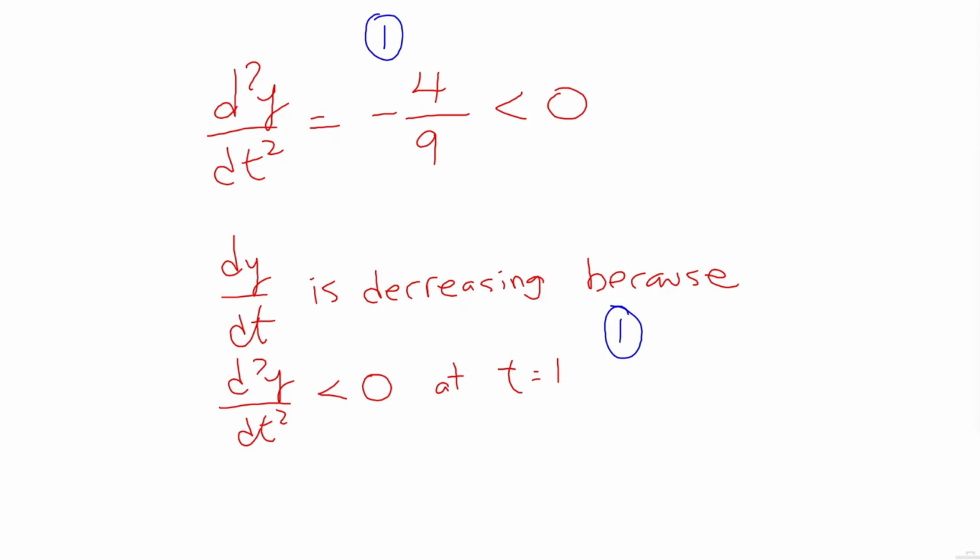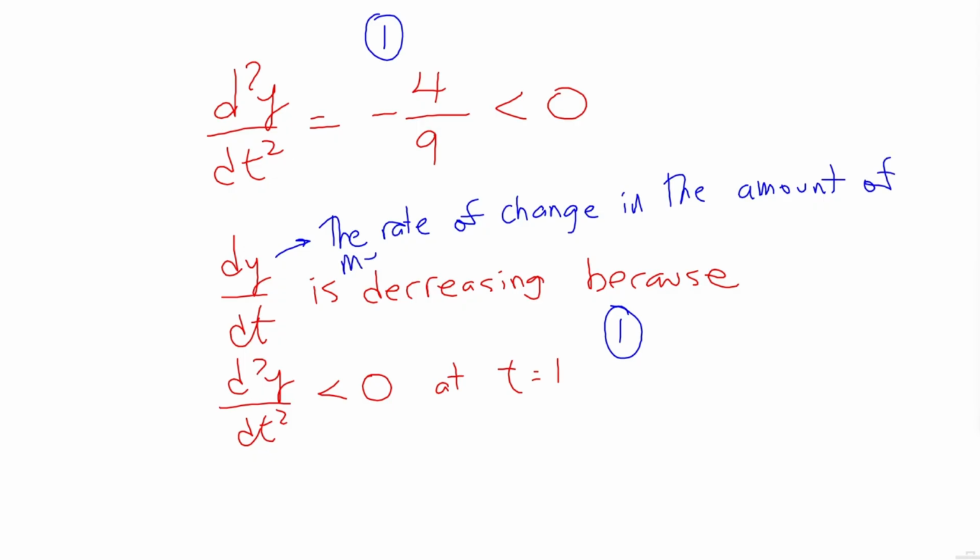And what we'd really want to do is not just say dy dt here, but we'd want to say the rate of change in the amount of medication in the patient is decreasing at that time.